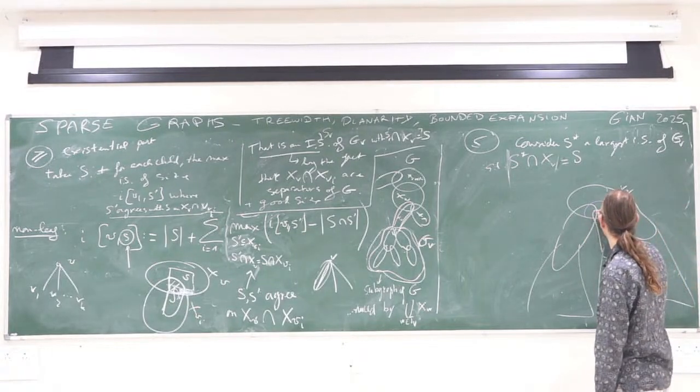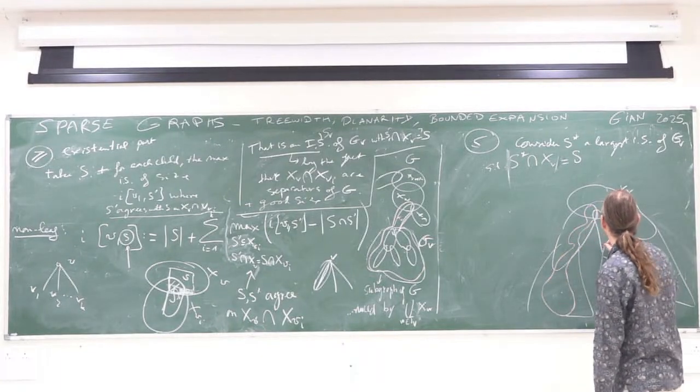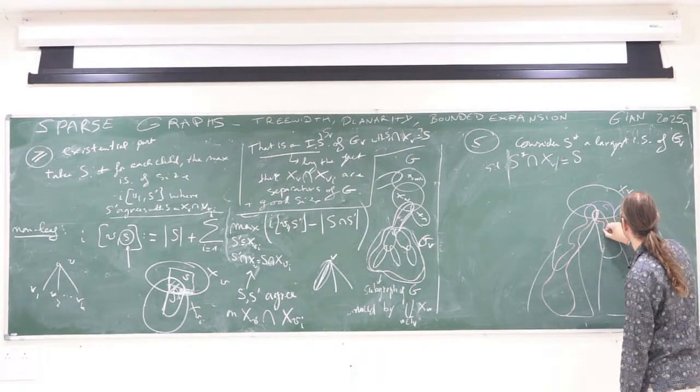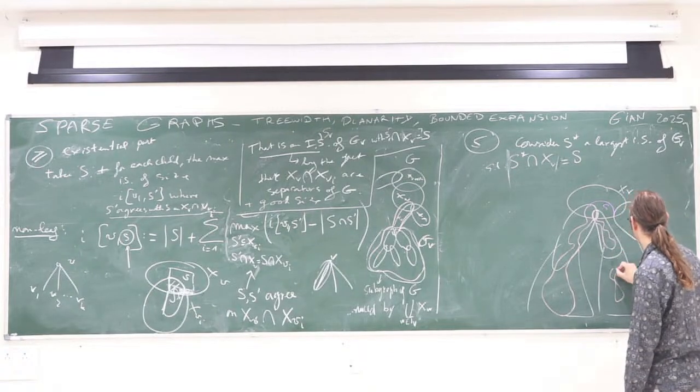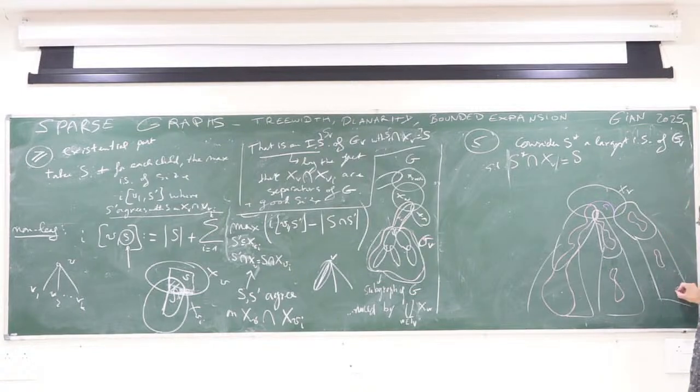We don't really know what it is. Now, by definition of this formula, if you restrict to one of the subtrees, what you get is an independent set.